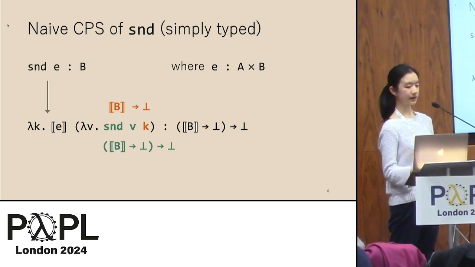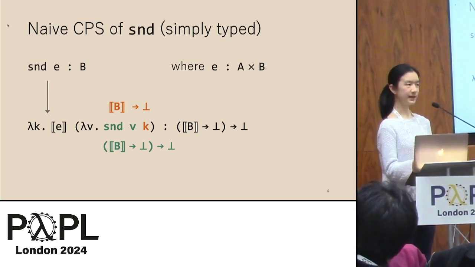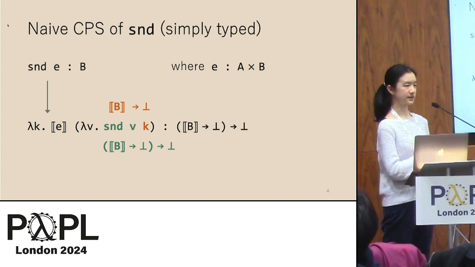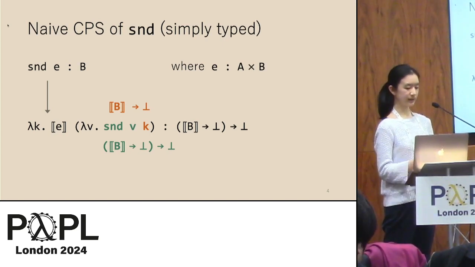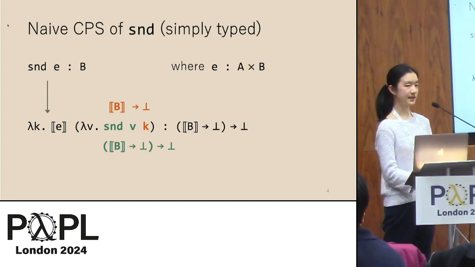It takes in a continuation K and applies the CPS of E to a continuation that takes the second element of the received value V and resumes with continuation K. It is easy to see that this translation is type preserving. In particular, the types of the continuations required by and passed to the second of V are exactly the same.